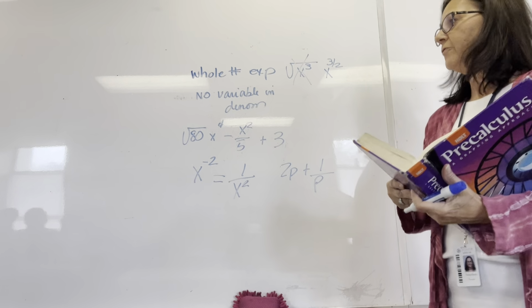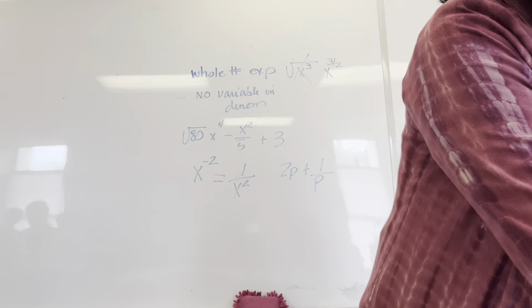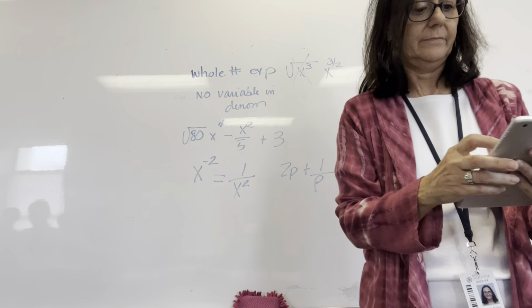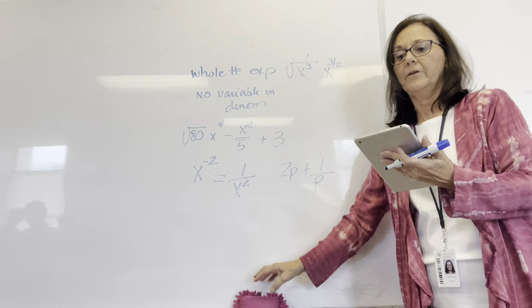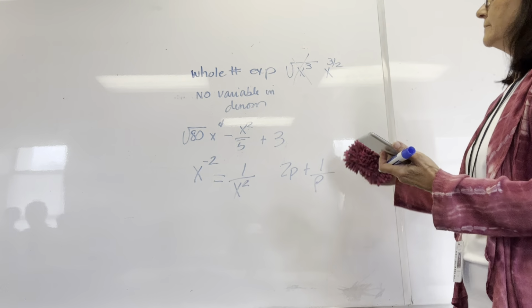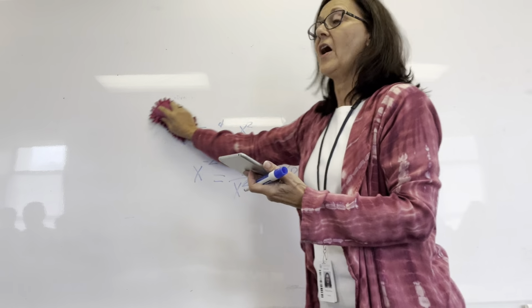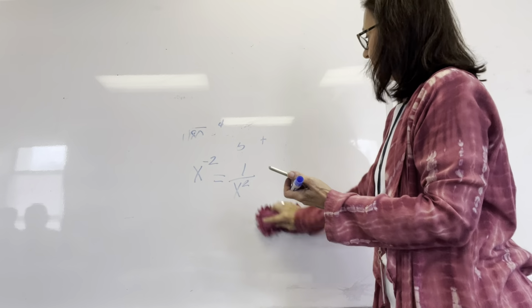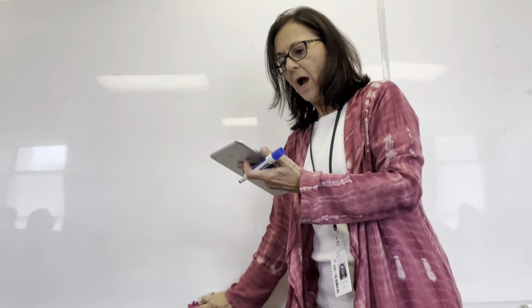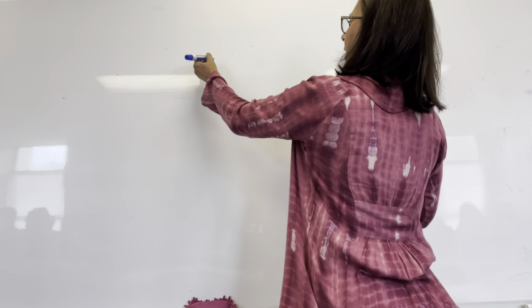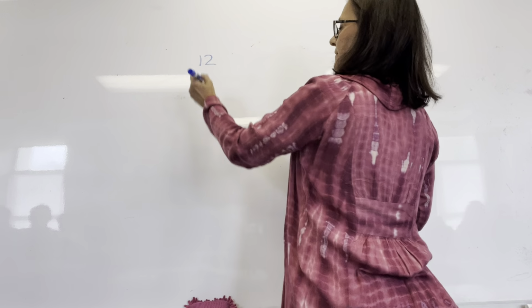All right, now I'm on page 240. You remember the degrees of the polynomial. How to determine the degree? You look at the variable with the highest exponent, right? But what if I have a polynomial that just looks like that?